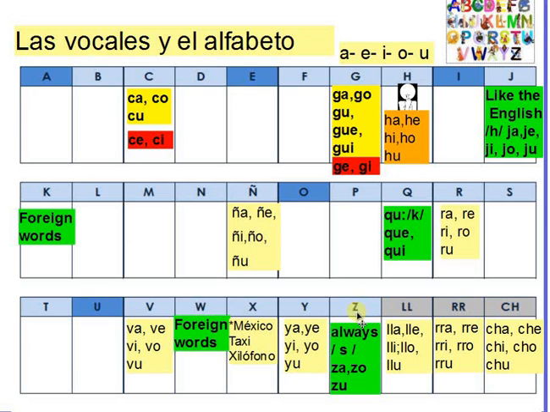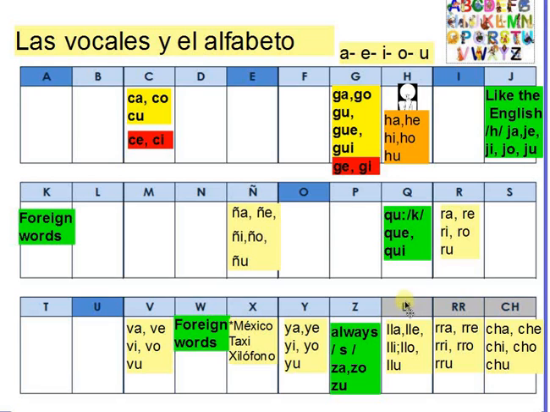The letter Z is always pronounced like an S. There is no Z sound in Spanish. Okay, so you go sa, se, si, so, su.